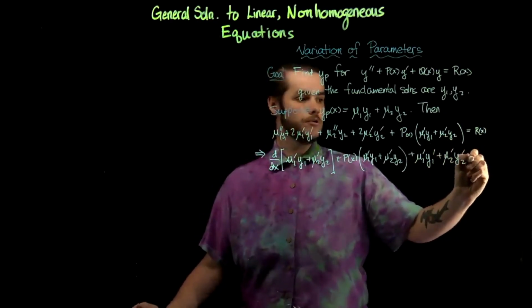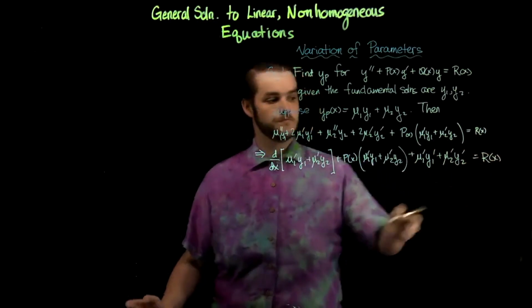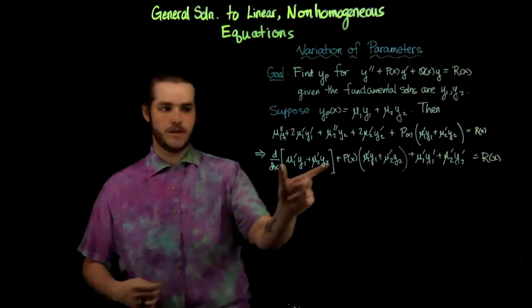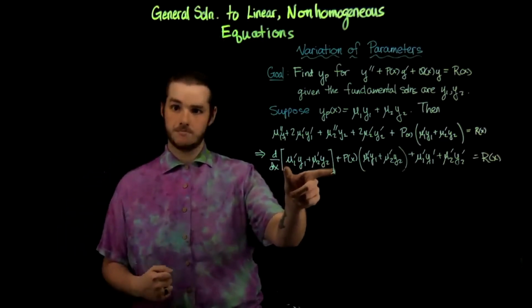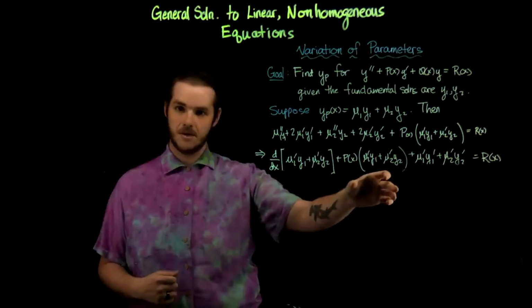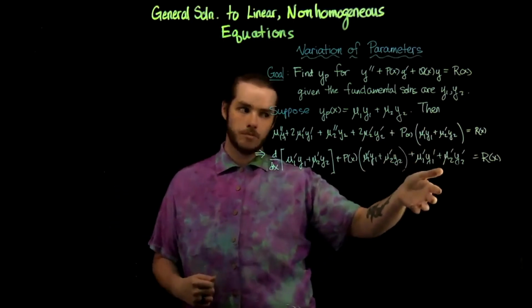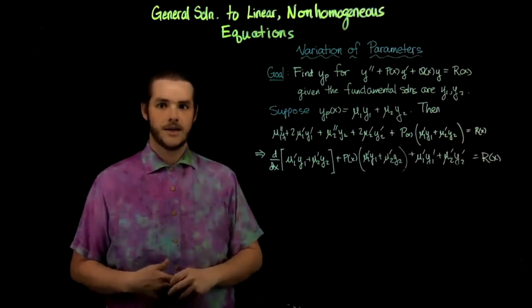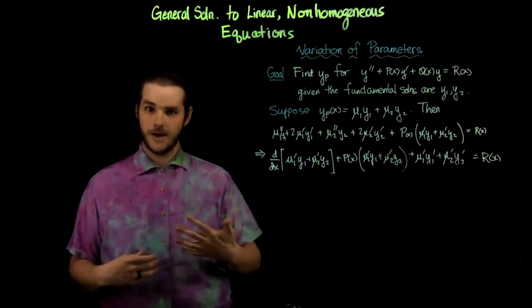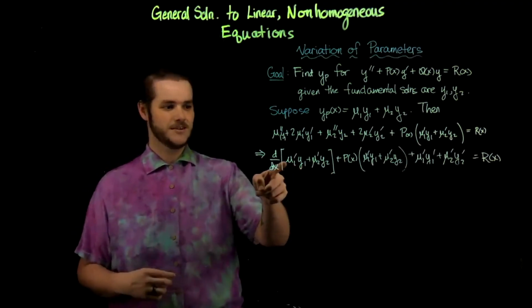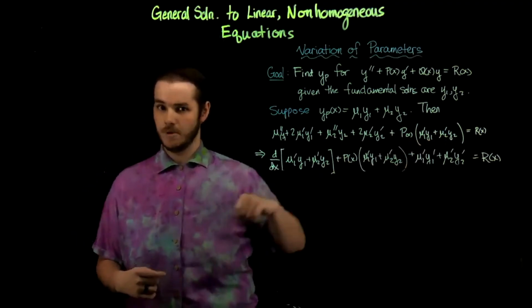And that should all equal r of x. So what I get now is that the derivative of mu1 prime y1 plus mu2 prime y2, plus p of x times the same thing, plus mu1 prime y1 prime plus mu2 prime y2 prime equals r of x. I'd encourage you to pause the video here to verify that, or I guess convince yourself that this is the same as the line above.